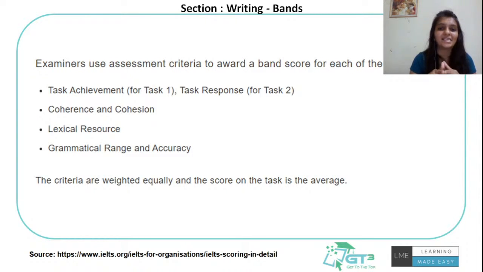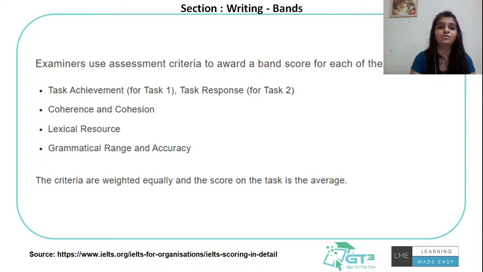If you place any vocabulary word at the wrong place, there are lots of chances that you might lose a band. So it's very much necessary that you prepare the lexical resource with no repetition of words or repetition of ideas. For that reason, you do not repeat.